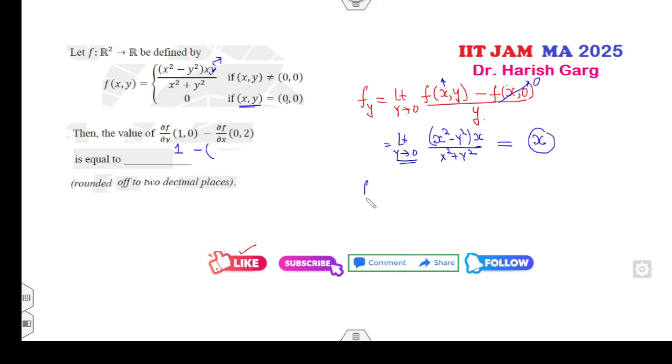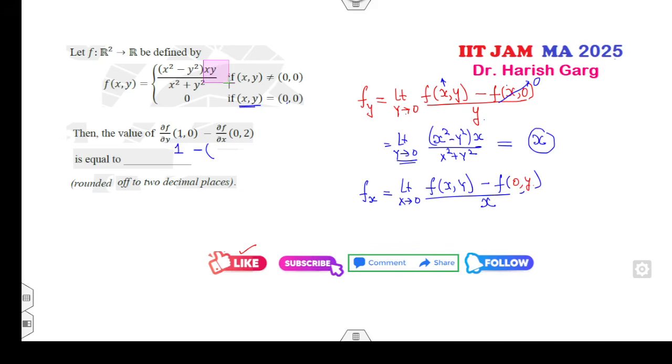Now how will we do the partial derivative with respect to x? Limit x approaches 0. Now in this case you can take x comma 0. So now what is x comma 0? Sorry, 0 comma y. You are differentiating with respect to x, so that will be 0 comma y. What is the value of 0 comma y?